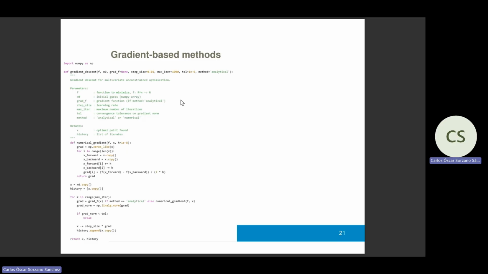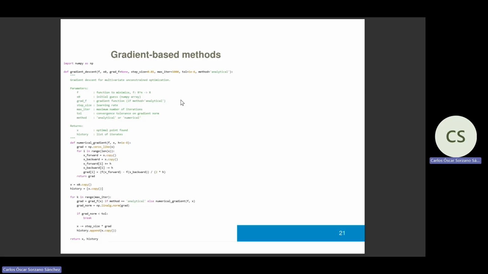And here you have the code to do that. Here you have the loop over all positions. You start with some x naught, and then we keep a history of that. This is interesting: this function can receive the gradient, the analytical gradient, or not.